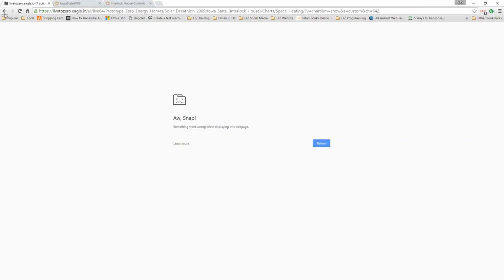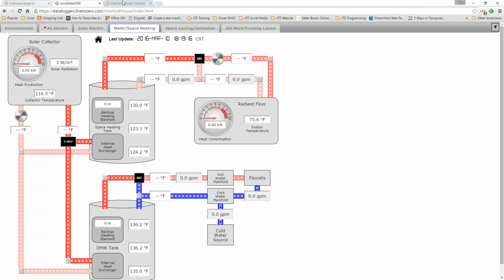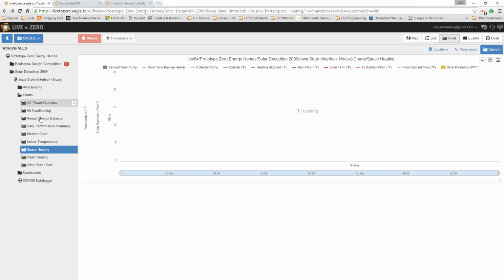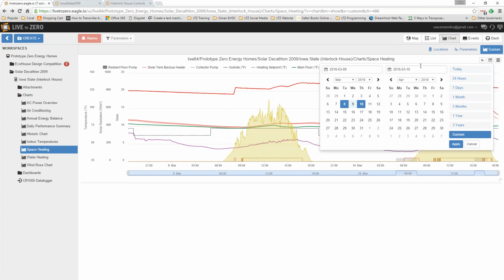Okay. Aw, snap. I'm gonna have to report that to the Eagle IO people because that shouldn't happen. You should get a warning that you're trying to load too much data instead of getting a JavaScript error like that.